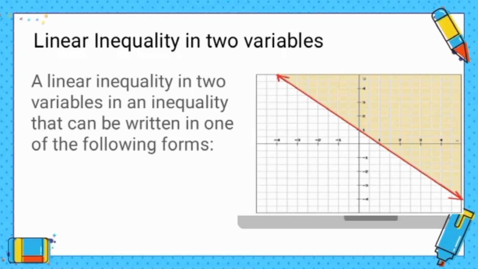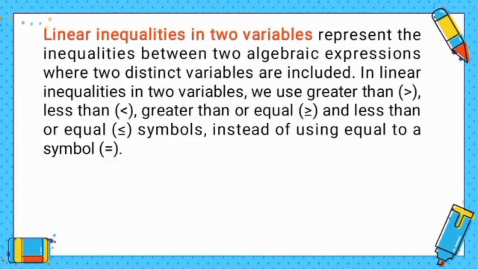What is a linear inequality in two variables? A linear inequality in two variables is an inequality that can be written in one of the following forms: ax plus by is less than c, ax plus by is greater than c, or not equal to c. Linear inequalities in two variables represent the inequalities between two algebraic expressions where two distinct variables are included.